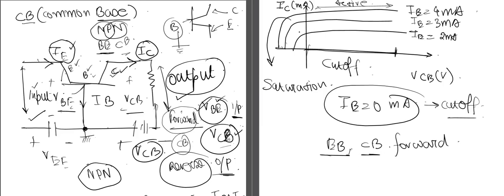This is the saturation region. And in the active region, what happens? The emitter base junction is forward biased, while the collector base junction is reverse biased. So this region is the active region.